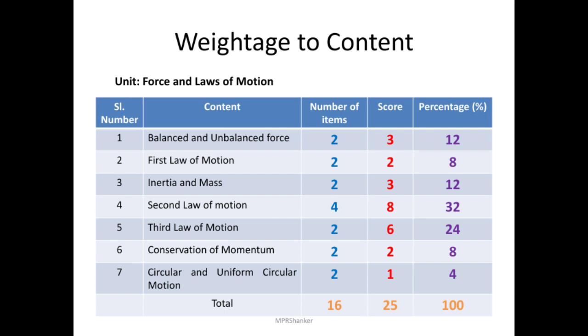There are 7 subtopics included in this unit, and here the first column gives a serial number, the second column includes the subtopics in the unit force and laws of motion, the third column depicts the number of items allotted for each content, and the next column, the score, shows the score allotted for each subtopic, and the percentage column gives the percentage of marks allotted for each subtopic.